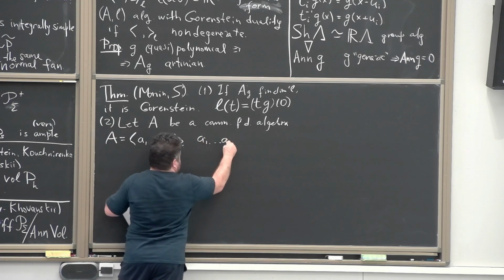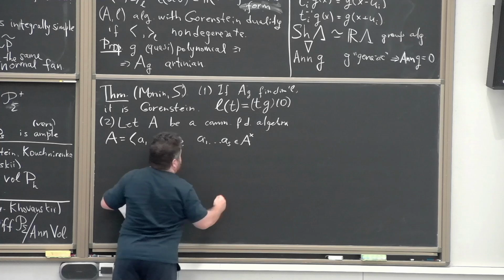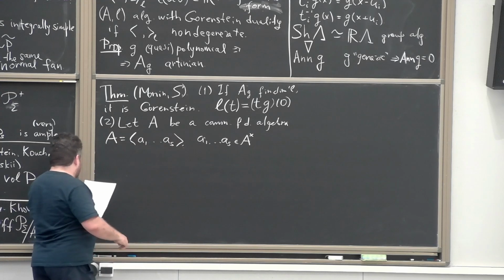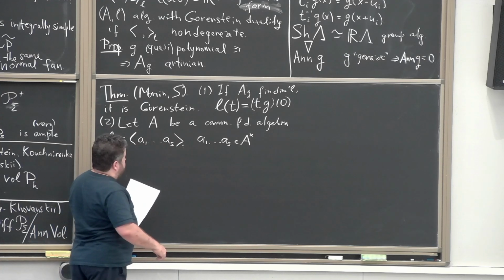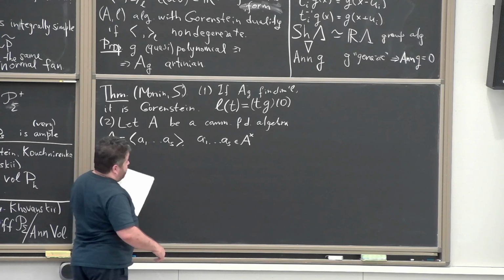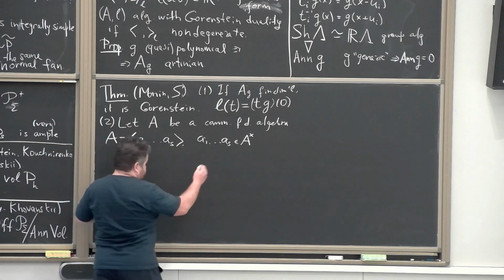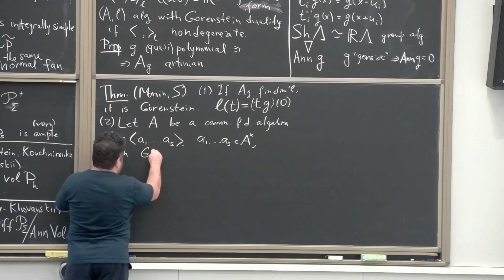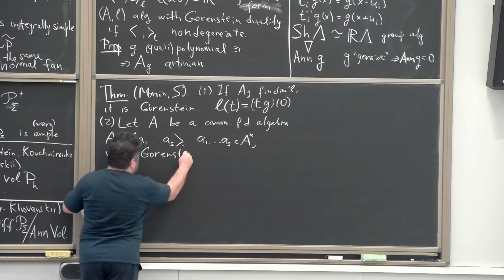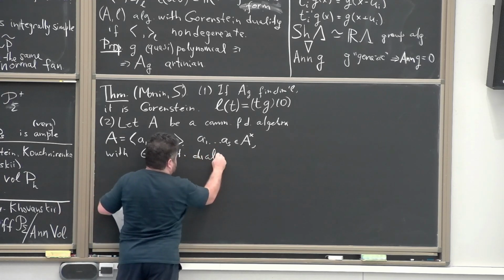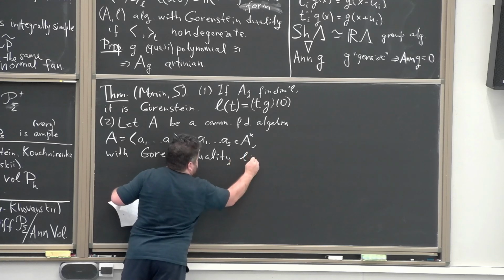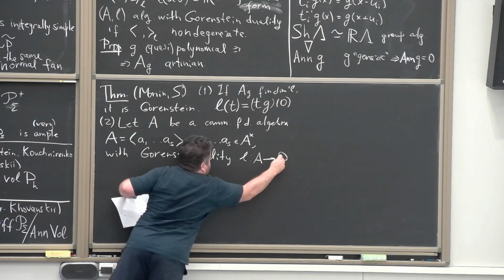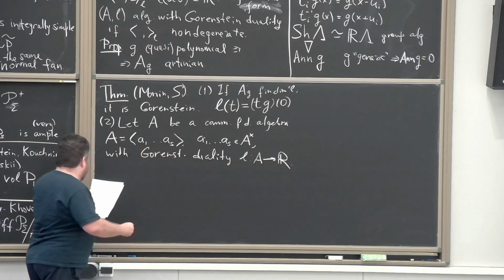A1, ..., AS are invertible, with Gorenstein duality defined by some linear form L from A to R.